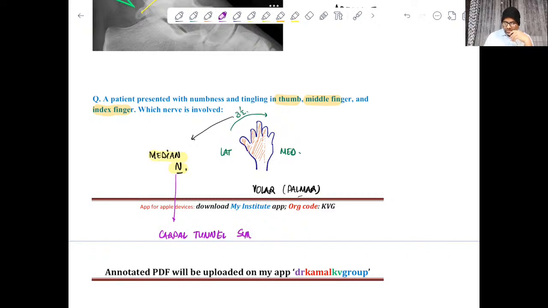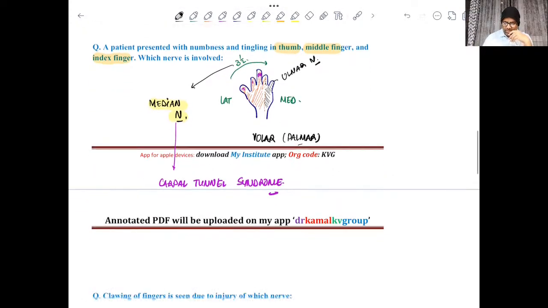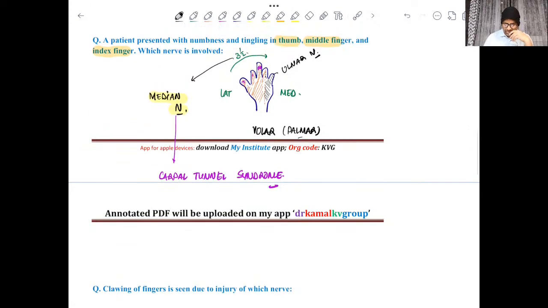So this is a classical case, and the moment you find thumb, index finger, middle finger involved, obviously the answer has to be compression of median nerve, right? And needless to say, the remaining 1.5 is all territory of ulnar nerve. Clear? I think it has been taught to you since years, right? So this is median nerve compression.